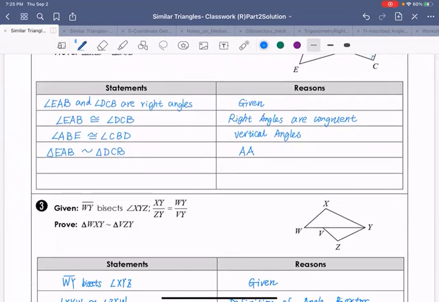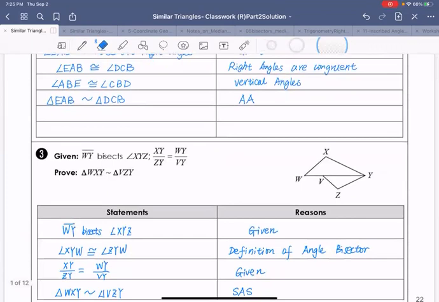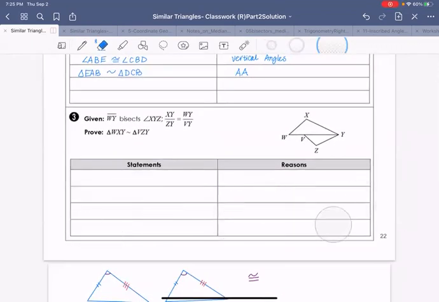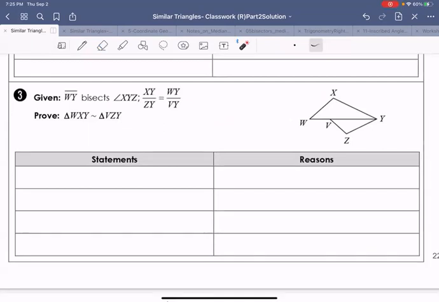Okay. Harry, can you please do number 3? Go ahead and read the question. Harry, can you do number 3, please? WY bisects XYZ. Okay. Read this condition, please. XY over ZY equals WY over VY.